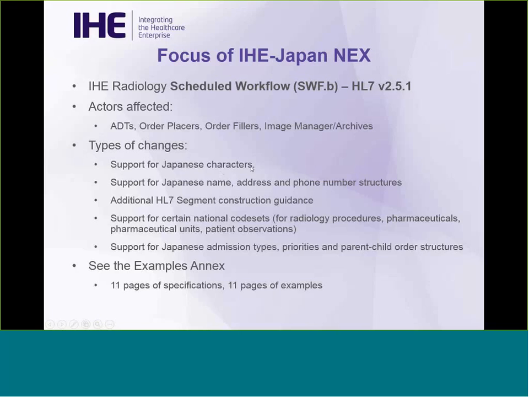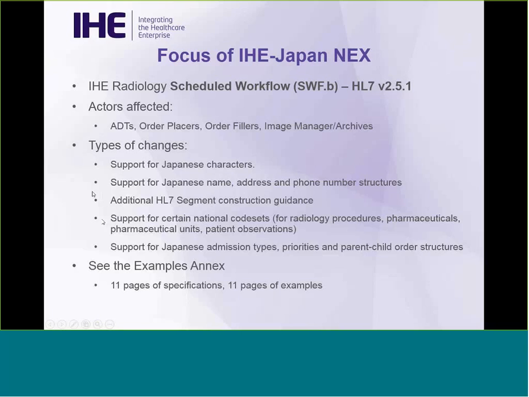The types of changes are going to be support for the Japanese characters, support for Japanese name structures, address structures, and phone number structures, some additional construction guidance on the various HL7 segments, and then most significantly is the support for certain national code sets. So Japan is standardizing on national codes for radiology procedures, for pharmaceuticals, pharmaceutical units, and certain patient observations.